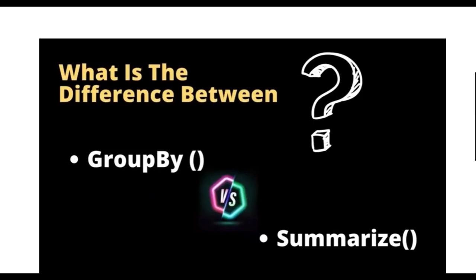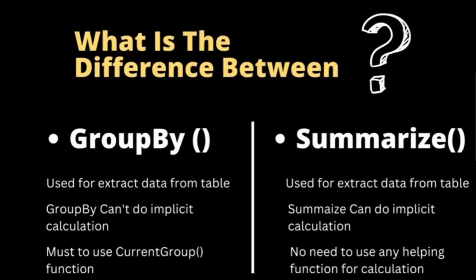Next question is, what is the difference between GROUPBY and SUMMARIZE functions in Power BI DAX? GROUPBY is used to extract data from a table, whereas SUMMARIZE is used to extract data from the table itself. GROUPBY can't do implicit calculation; you need to add some other function with it.